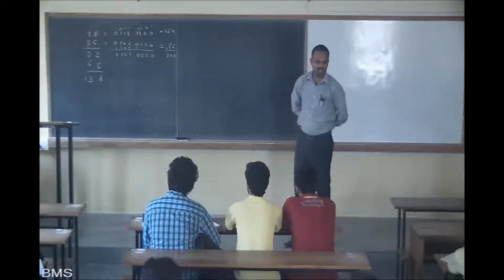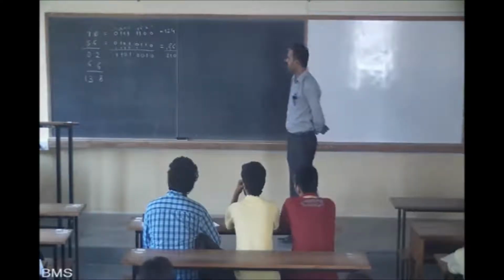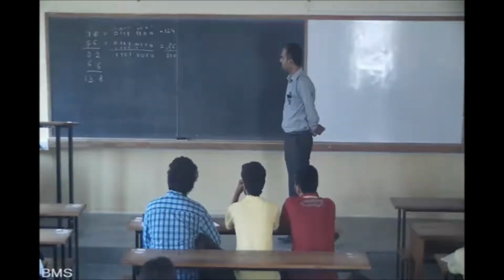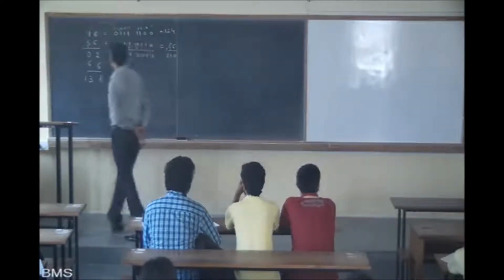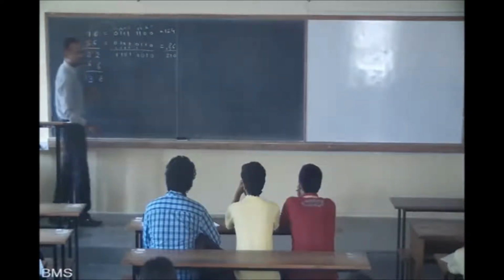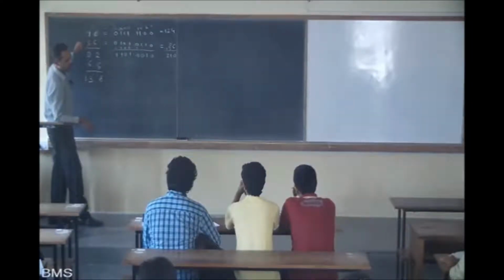7C? 1 is getting added with 7. So this will become 82.